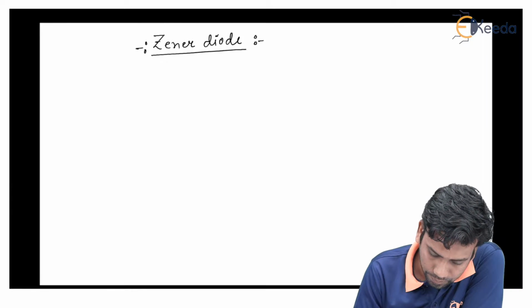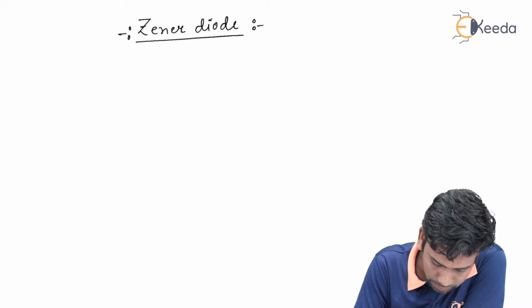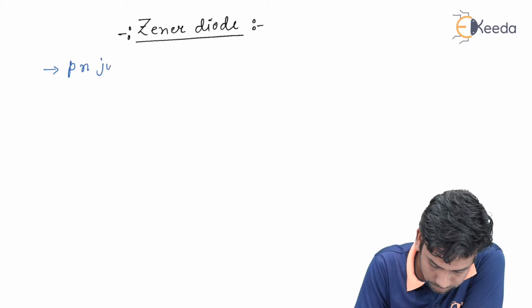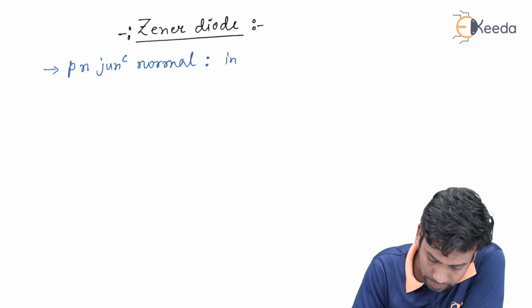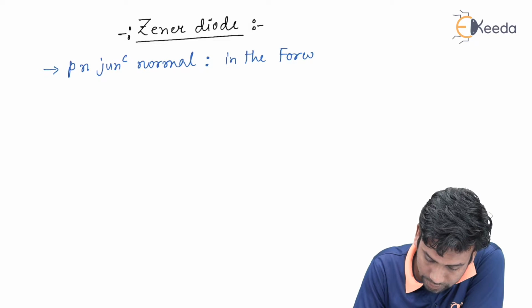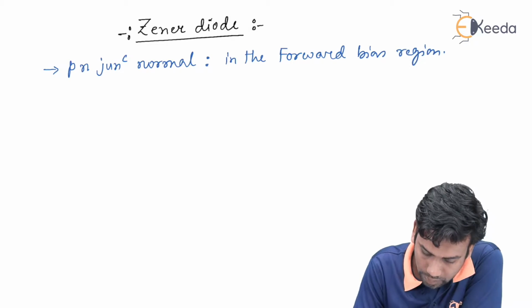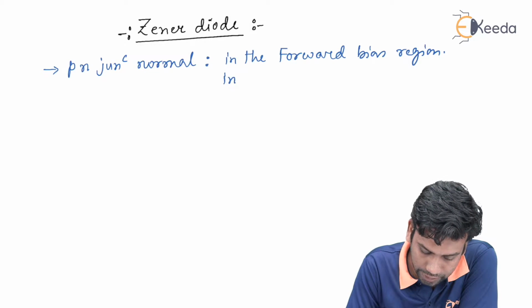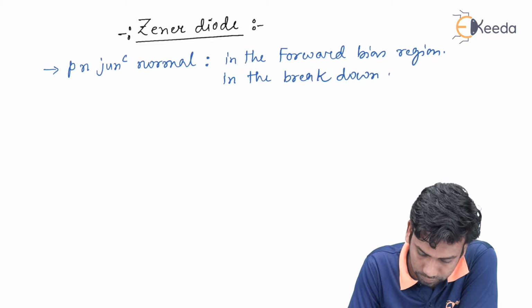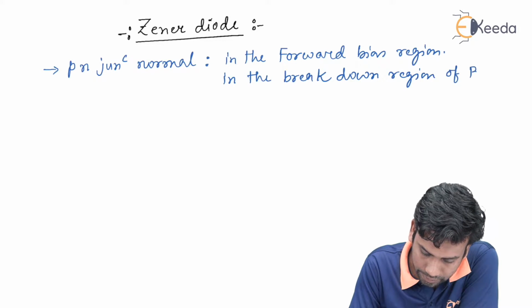So if we remember the PN junction normal diode, this normal diode operates in the forward bias region, and it cannot operate in the breakdown region of the reverse bias.